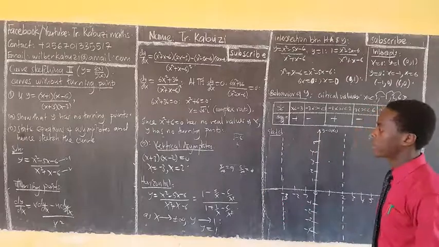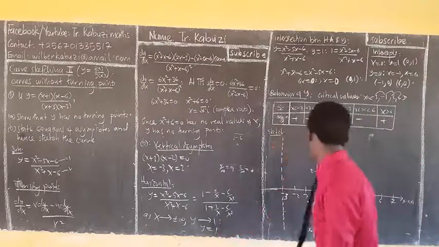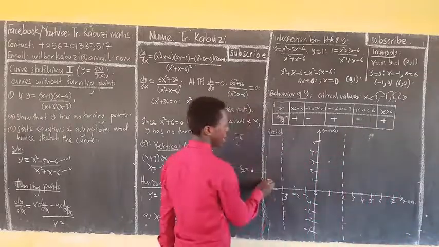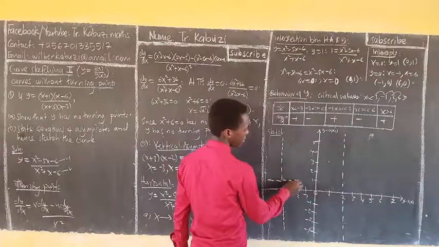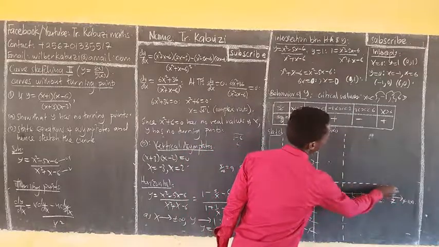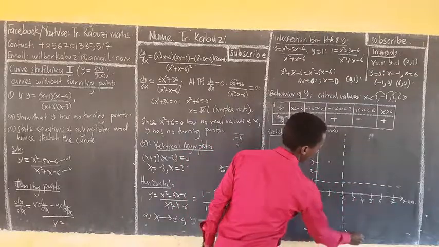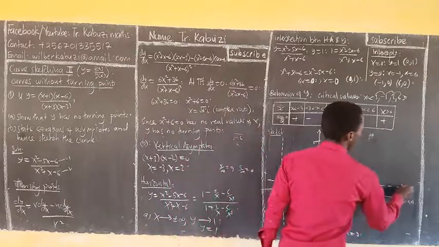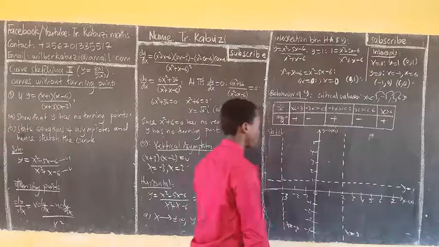Then the horizontal one is y equals 1. Anything different from a curve is drawn using dotted lines. You name x equals 2, x equals negative 3, and y equals 1.